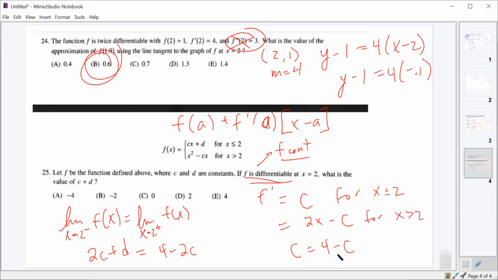If I solve that, c is equal to 2. And if c is equal to 2, I should end up with d equal to negative 4. It looks like that becomes a 0. So negative 4 equals d. Yep. And so c plus d ought to be 2 minus 4, or negative 2.